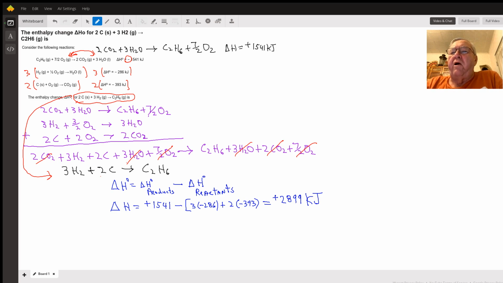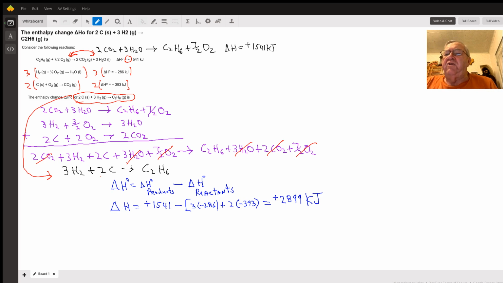And 4 plus 3 gave me 7 halves O2. So my oxygen canceled out. And now I have the chemical equation they want the enthalpy change for, and that's simply 3 moles of hydrogen plus 2 moles of carbon forming 1 mole of ethane.